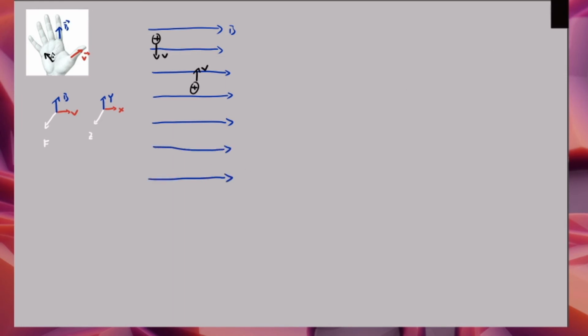Let's say that this charge here moves in this direction. Say that this charge here moves in this direction. Now let's take a magnetic field. Let's have it point like this.